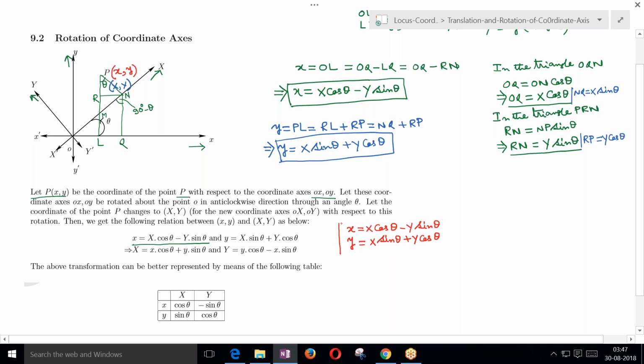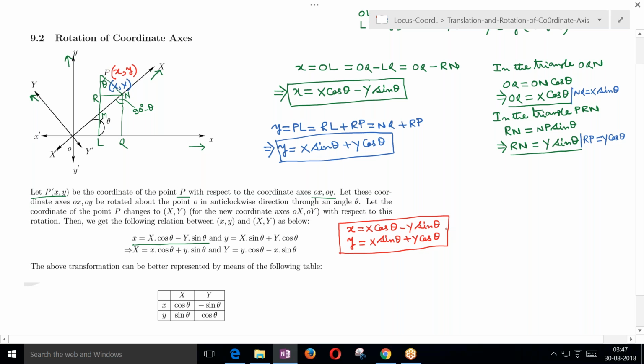This is the expression of lowercase x and y in terms of capital X, capital Y, and theta. Now you can consider this as a system of linear equations in capital X and capital Y, and find the values of capital X and capital Y also.